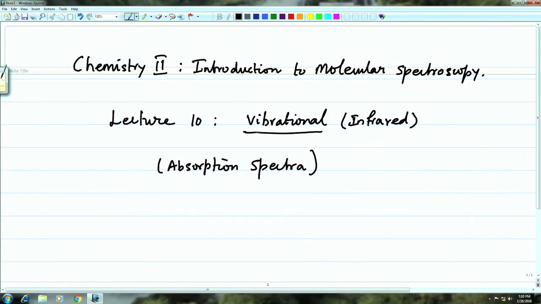What is important fundamentally for vibrational spectroscopy, or for a molecule to show a vibrational spectrum, is the presence of an electric dipole moment.